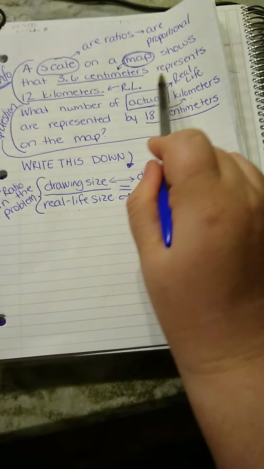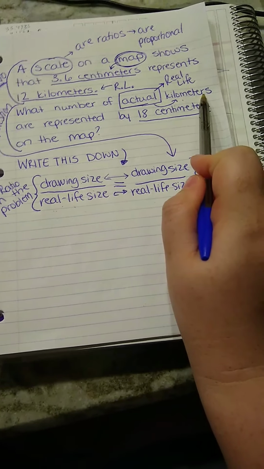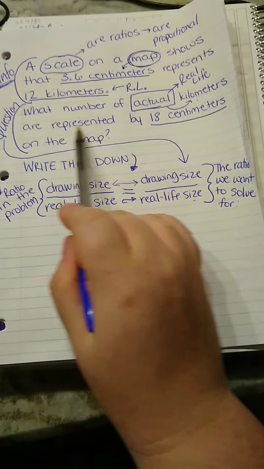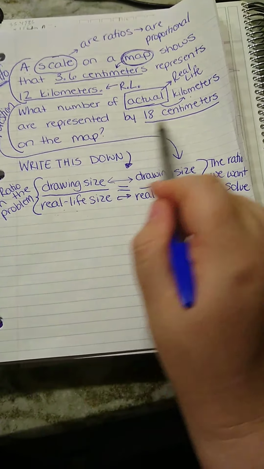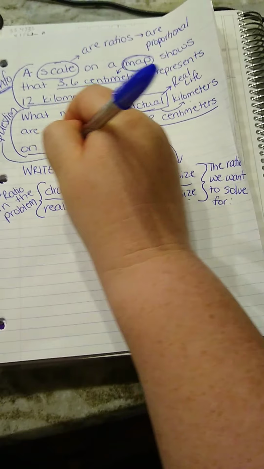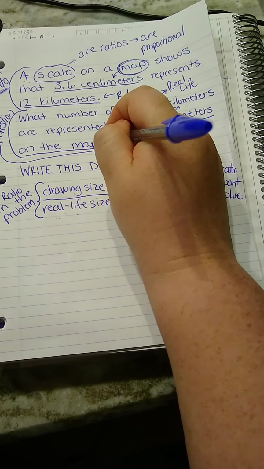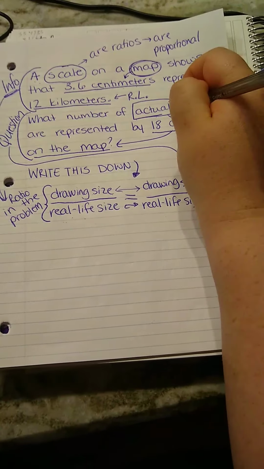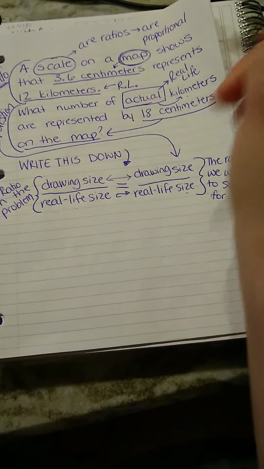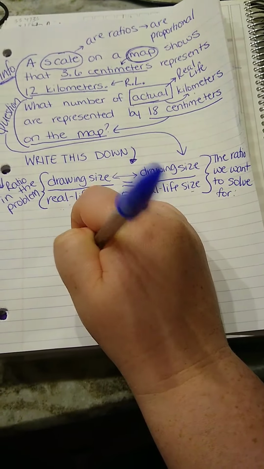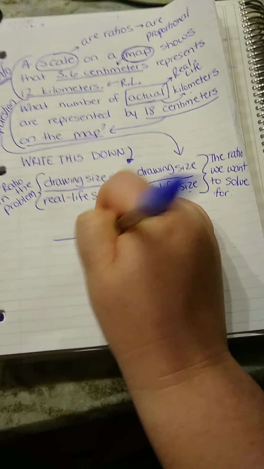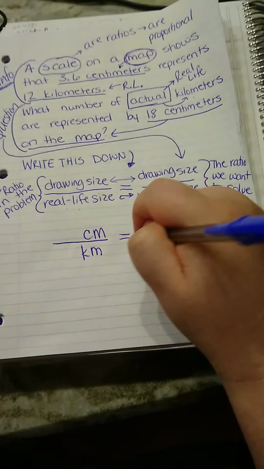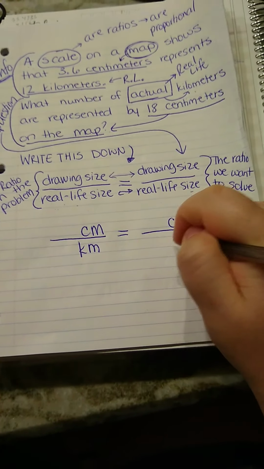What number of real life kilometers, okay, doesn't make a ton of sense, but it sounds nice, are represented by 18 centimeters on the map? So once again, it says on the map, meaning that these were drawn on the map. So actual kilometers is our real life. So in our ratio, we're going to have kilometers on the bottom and centimeters on the top. And that's going to be true for both ratios.